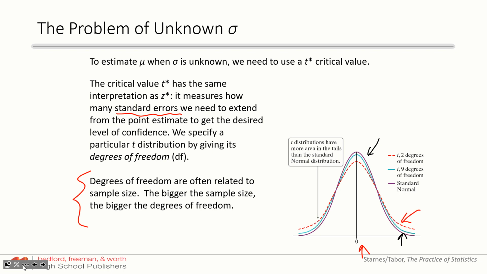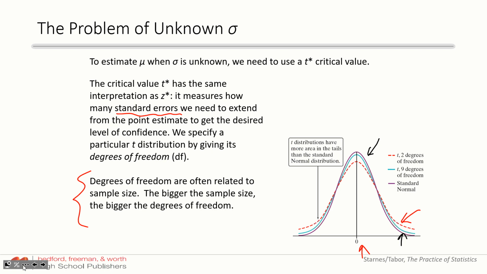So it's kind of like the shortest and the fattest. And the T distribution with 9 degrees of freedom, in other words the sample size was 10, because 10 minus 1 is 9, is kind of in between with the heights and the variability.